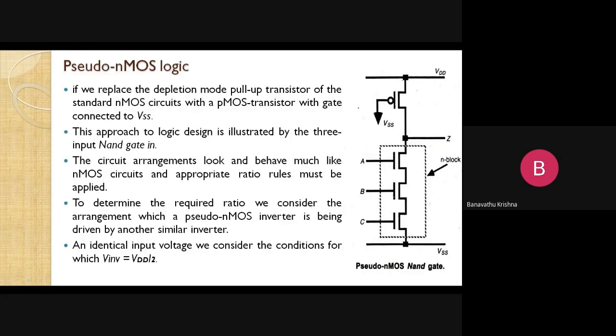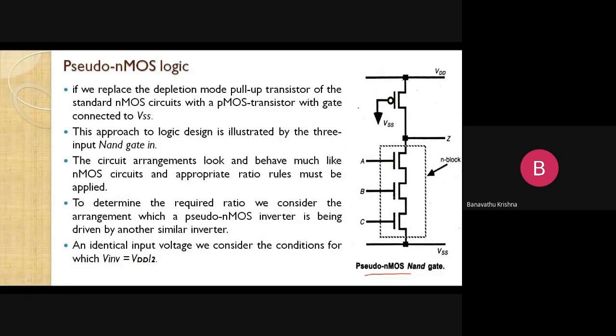The first one is pseudo NMOS logic. Let us see. You know that the NMOS inverter generally consists of two devices: one is a depletion mode device, the other is an enhancement mode device, right? But here, this is the pseudo NMOS logic 3-input NAND gate.